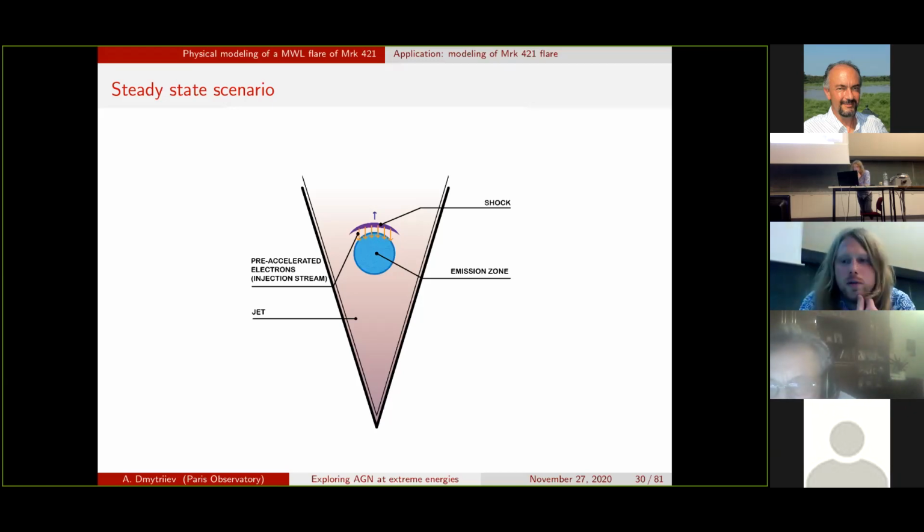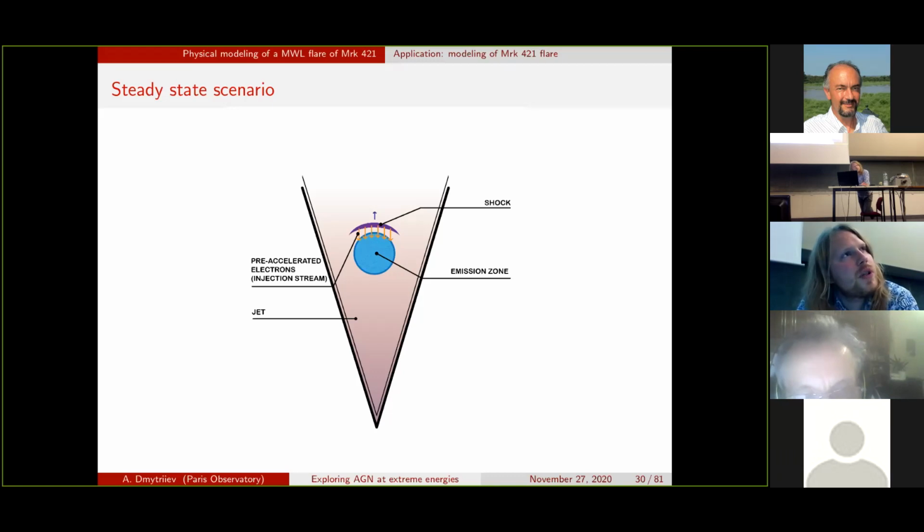Yeah, in the case of BL Lac objects, the external Compton is typically negligible. But in the case of LBL, low frequency peaked BL Lacs, the extended jet might contribute to the external. But it depends on the concrete value of the parameters, yes? You work with a greater distance, 10 to 16, 10 to 17 centimeters, which is not typical for BL Lac.